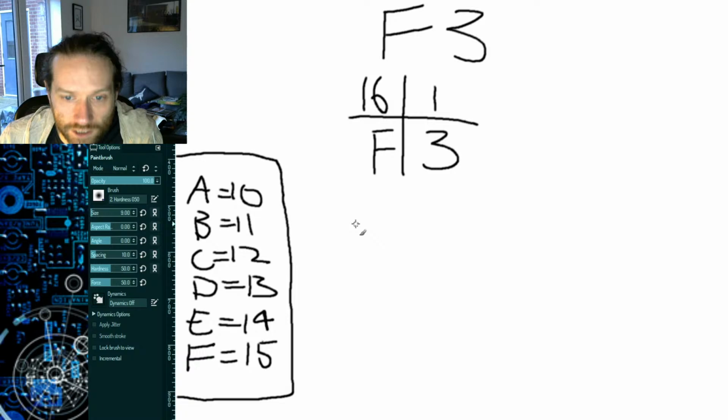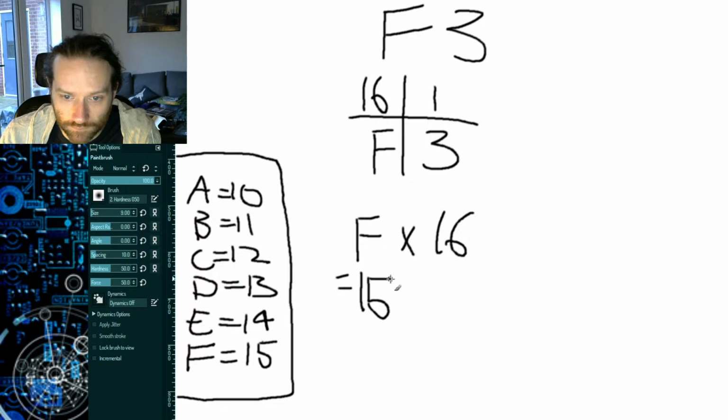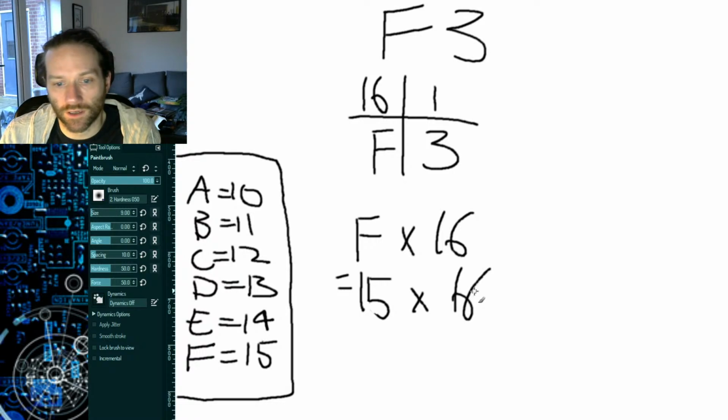So what we're doing is F times 16. Well, F is equal to 15. That looks like a 16, sorry. 15 times 16. Okay, 15 times 16 is 240.